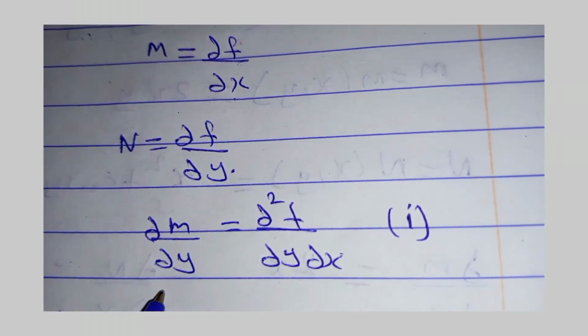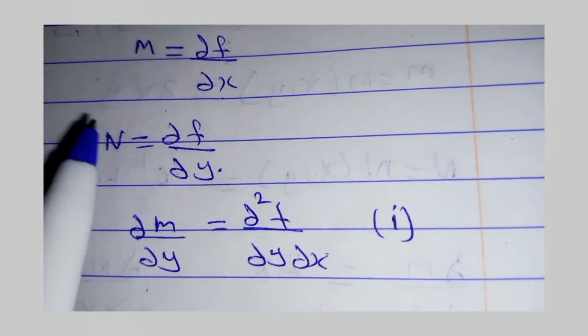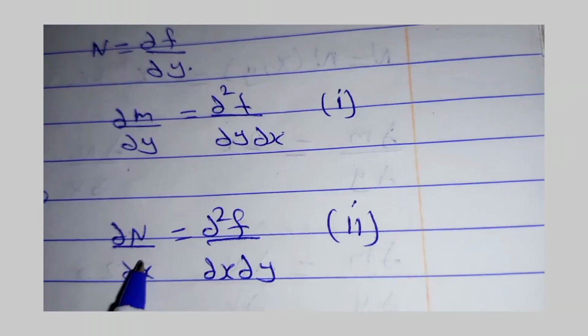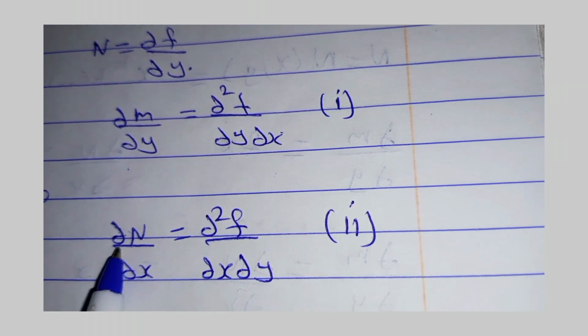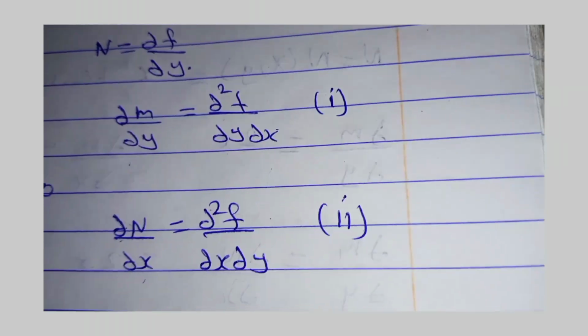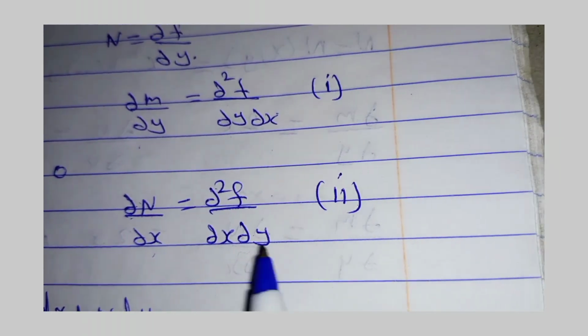Then from there, we take the partial derivative of M with respect to y, which is equal to the second partial derivative of f, and when we take it for N, the partial derivative of N with respect to x is equal to the second derivative of f with respect to dx dy.